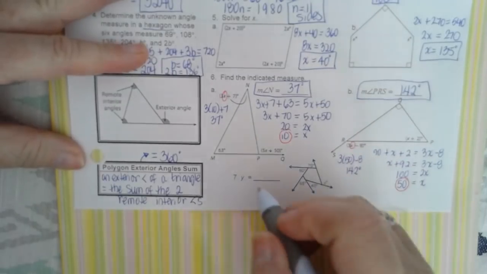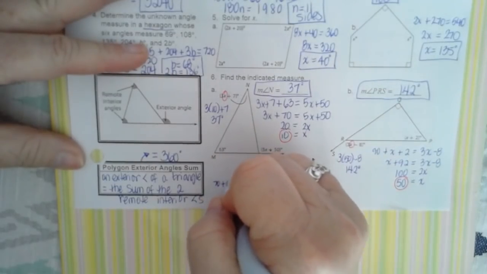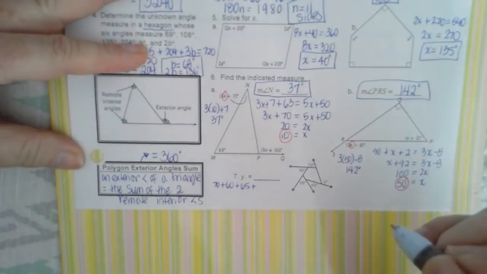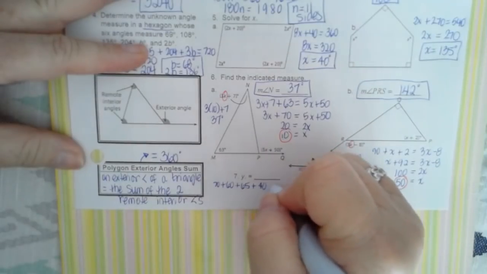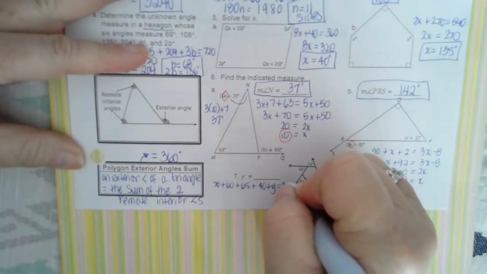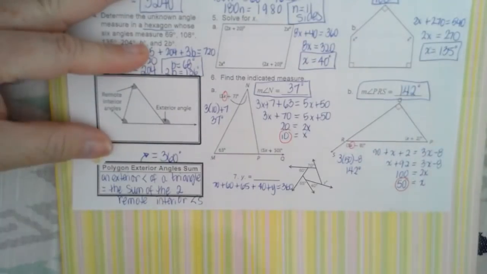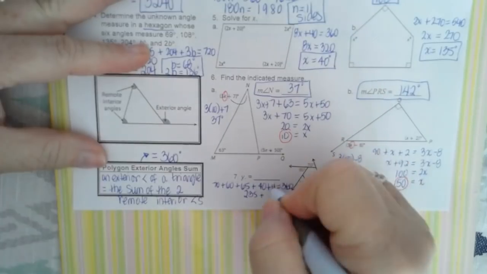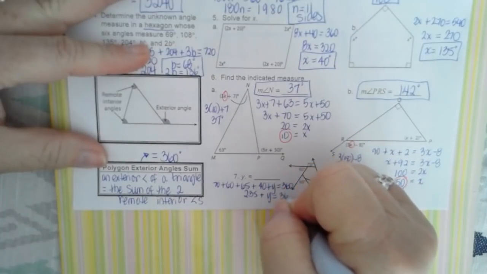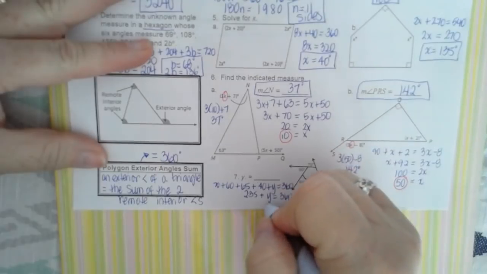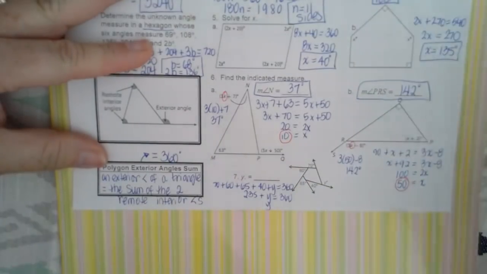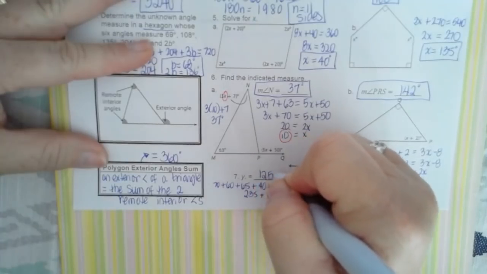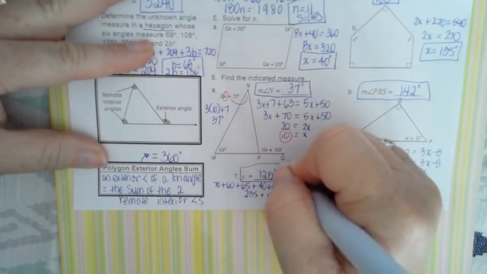So knowing that, we have 70 plus 60 plus 65 plus 40 plus y equals 360. This gets us 235 plus y equals 360. If we subtract that, we end up getting y equals 125 degrees.